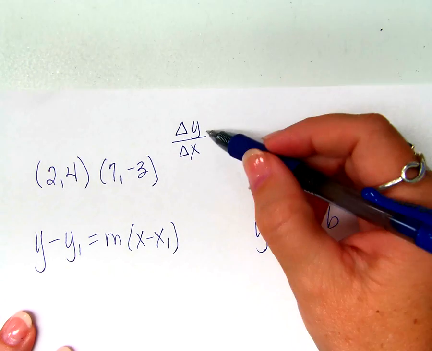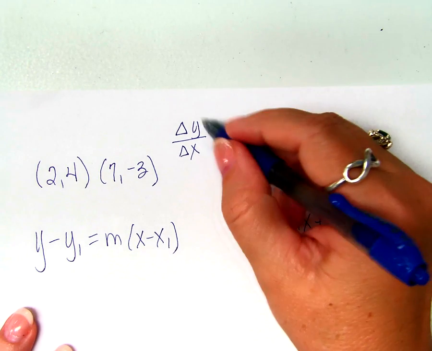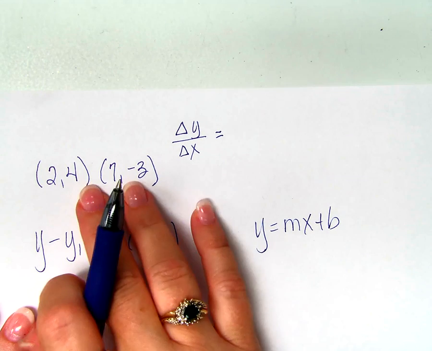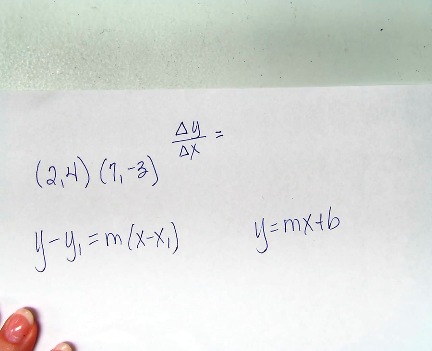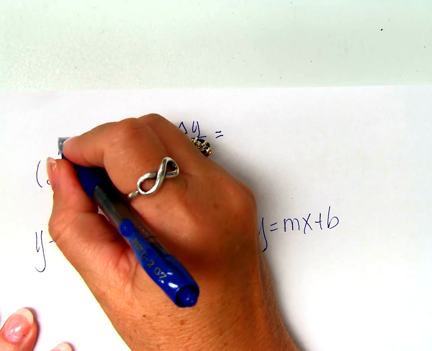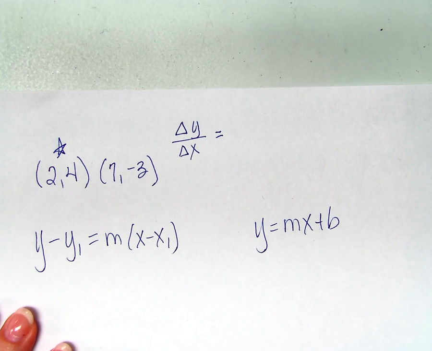Okay, so if we're finding our difference in our y's, which one do we start with? Does it matter? No. So I'm going to put a star by the one I'm going to start with. That'll help me remember, right?